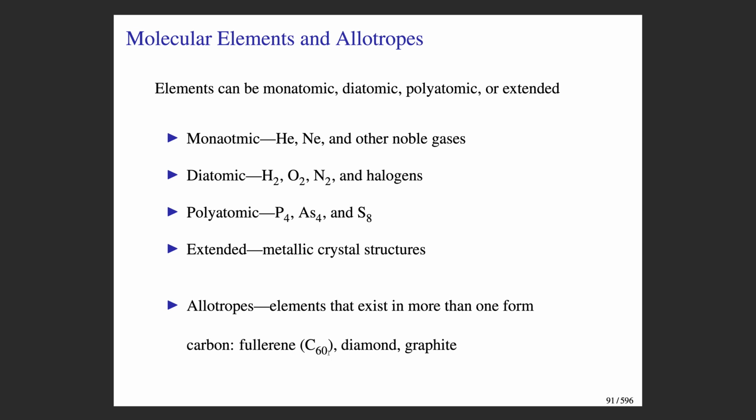Elements, you'll recall, are substances that are composed of only one type of atom, but elements can come in different forms. So some elements come as monoatomic species, such as the noble gases, helium and neon. They don't form bonds with anything, not even with themselves, and so we would call them monoatomic elements.